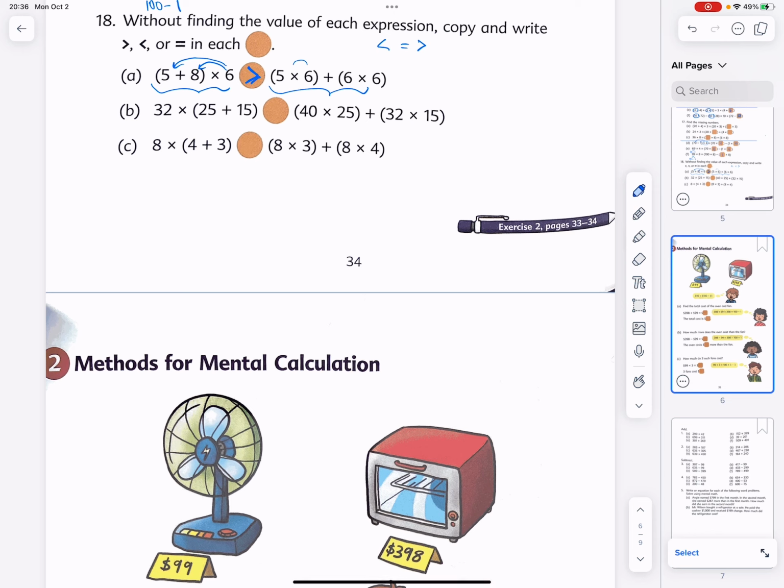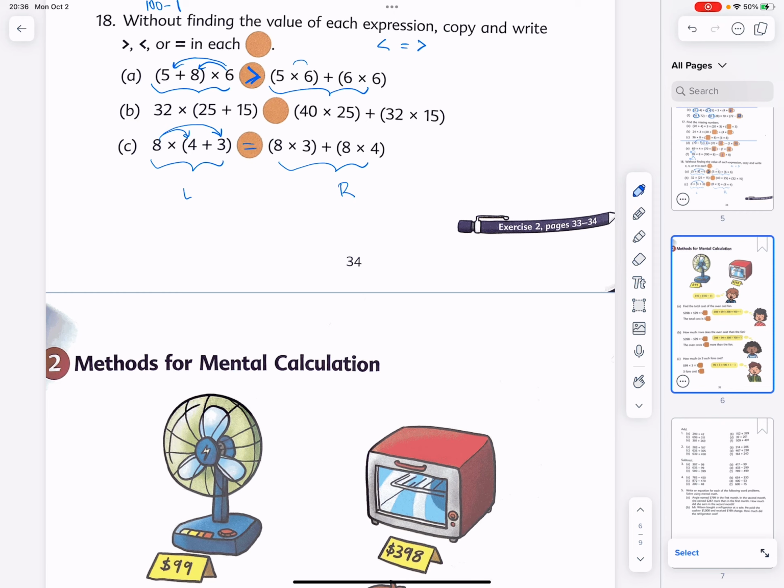Therefore, we use the greater than sign. I'm going to look at number C. Again, let's compare the left with what we have on the right. We have 8 taken 4 times and then 8 taken 3 times. And on the right, we have the same thing: 8 taken 3 times and, meaning plus, 8 taken 4 times.